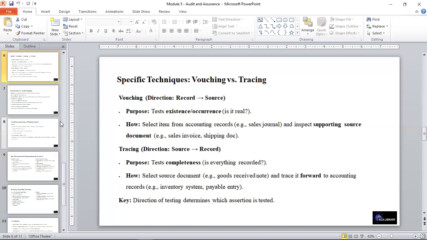The how is to select the source document, like goods received notes, and trace it forward to accounting records like the inventory system, payable entries, and the likes. The direction of testing determines which assertion is being tested. So if it is from source to record, it is tracing, and if it is from record to source, it is vouching.